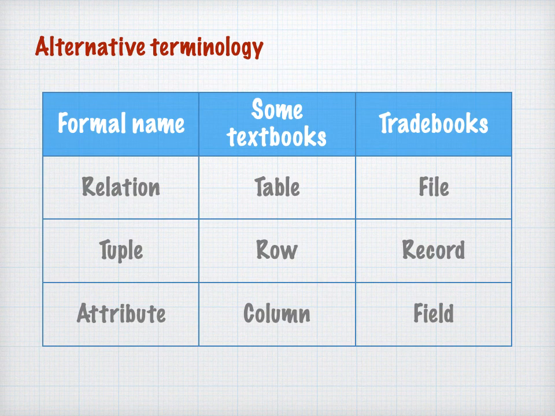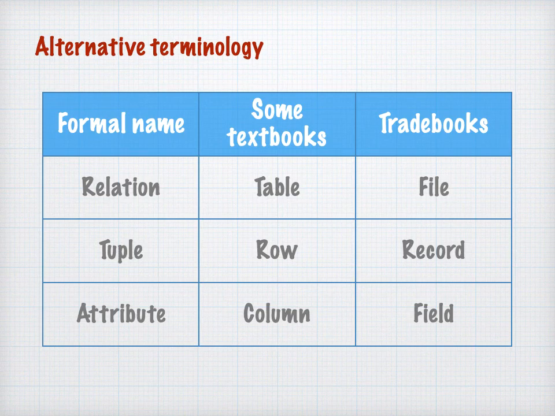Formally and mathematically, you might see relations, tuples and attributes. Some textbooks talk about tables, rows and columns, and often those are textbooks bound to a particular product, such as Oracle or Access. Some trade books talk about files, records and fields, and that notation is still out there, although perhaps a little old-fashioned nowadays.